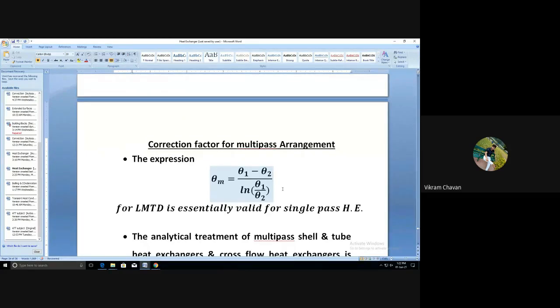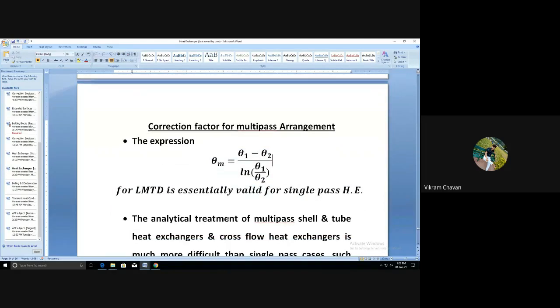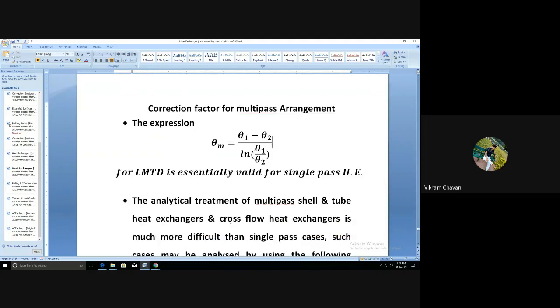Then in the case of a shell and tube heat exchanger, if there are multiple passes, or in some cases if there is a cross flow type of heat exchanger, and there are multiple passes of the fluid inside the shell, in that case we have to make some modification in our given formula of the total heat transfer rate, that is, q is equal to u multiplied by a multiplied by theta m.